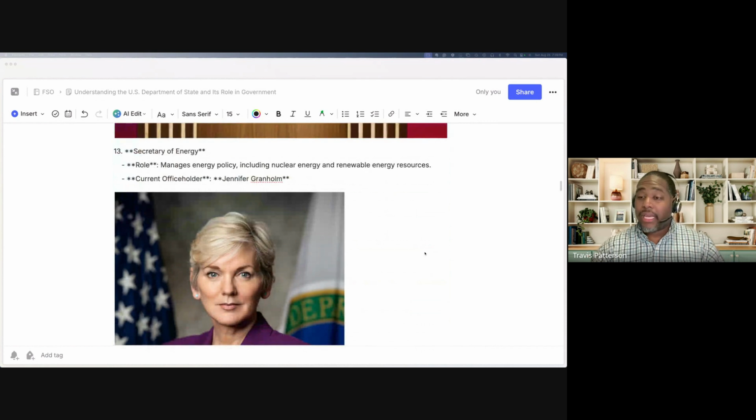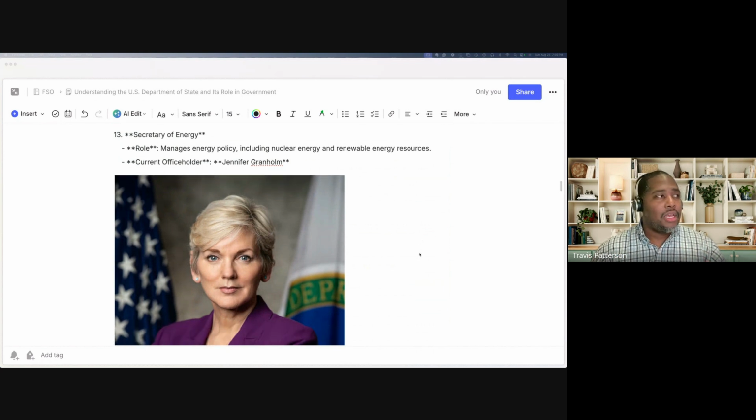Secretary of Energy. Again, this is also new as it relates to energy evolving. This is why interpretation is important, because as we develop as a country and as a society, we're going to continue to have more positions in the military or in the government, just like we developed new branches, the Department of the Air Force and the Marines. We're going to have more in other sectors too.